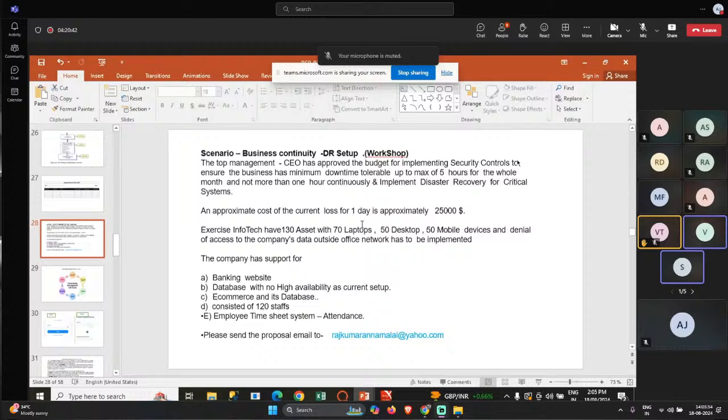So they want to set up a network outside of the company network. It says denial of access. Yes, it means access is already denied, right? First, we need to prepare the critical assets, sir. So we need to continue.